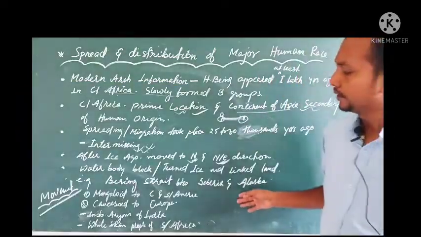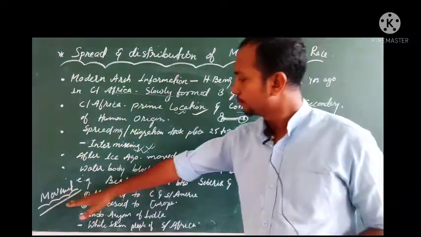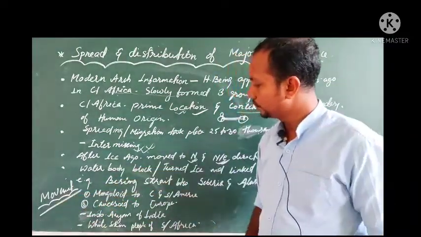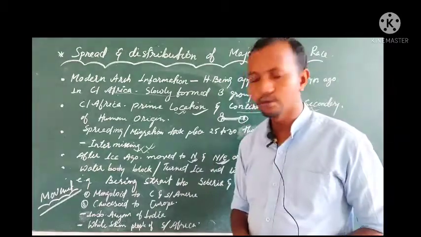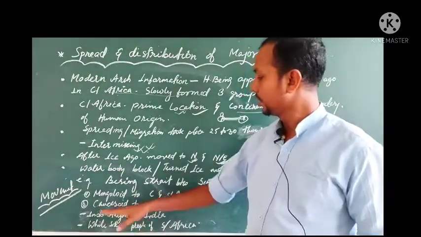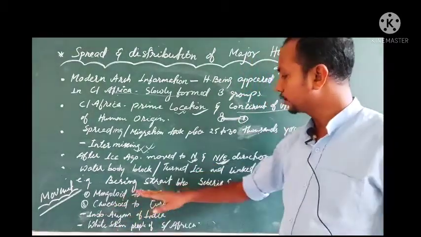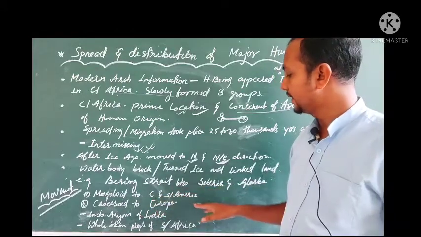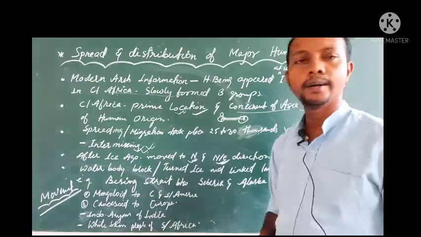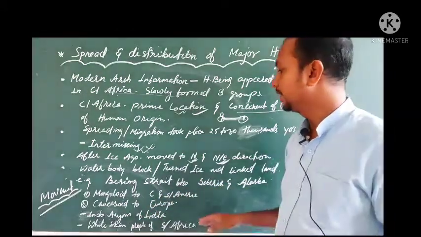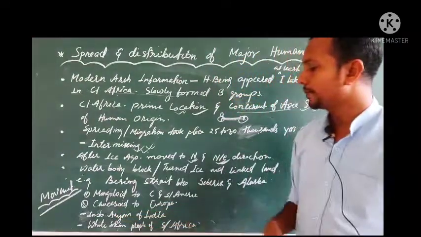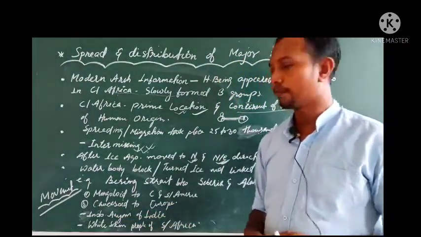Okay, dear friends. Then only two movements are mentioned here. The Mongoloid group of people moved to central and south America, and the Caucasoid group of people moved to Europe.